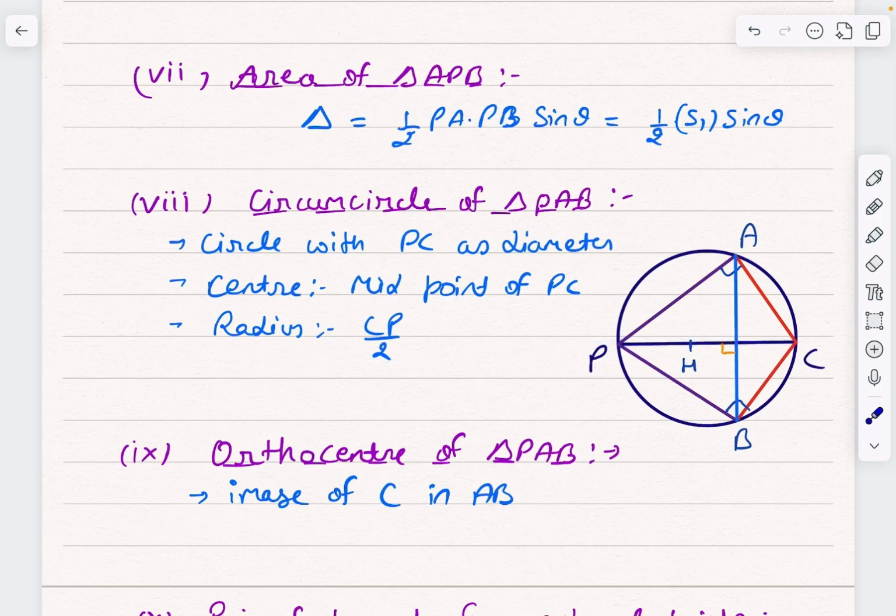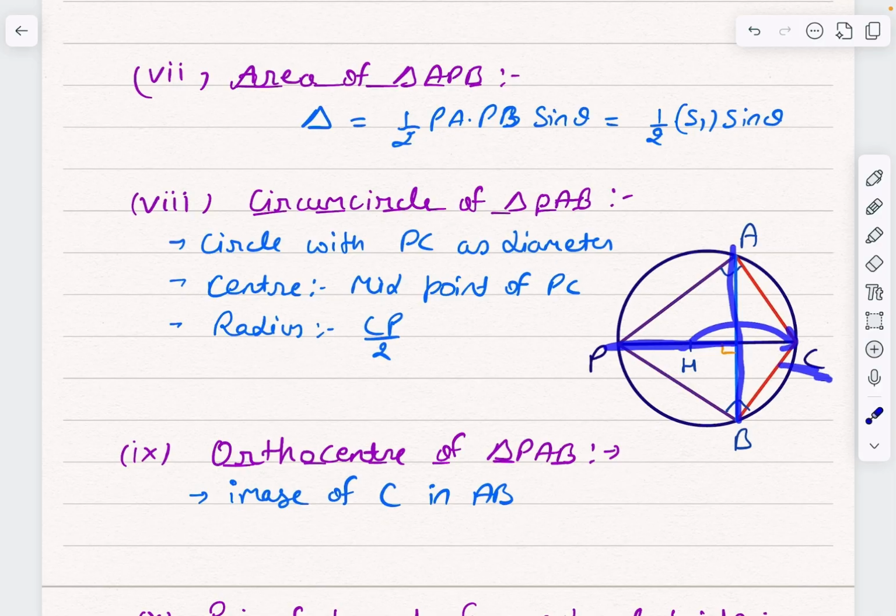And we have one more property, that the mirror image of the orthocenter in any side of the triangle lies on the circumcircle also. So it must be a point on this line such that its mirror image in AB lies on the circumcircle. And which point could it be? It can be C only, no?